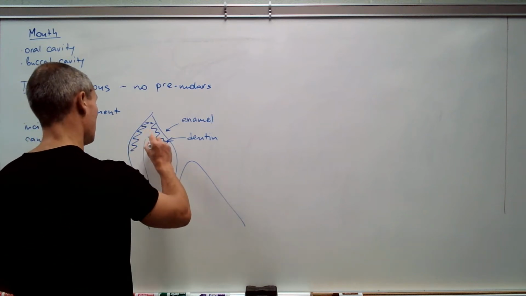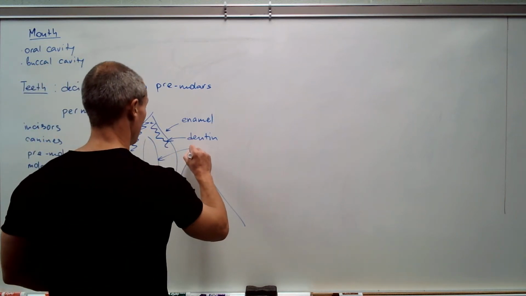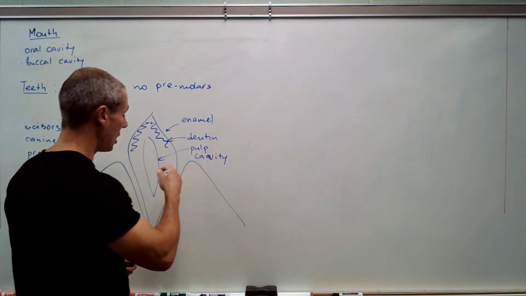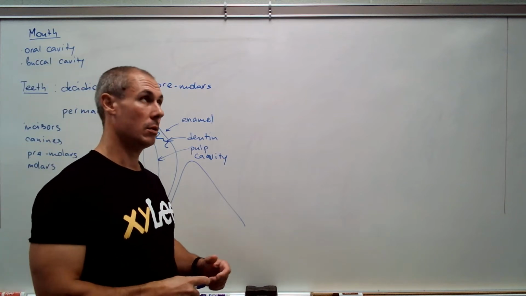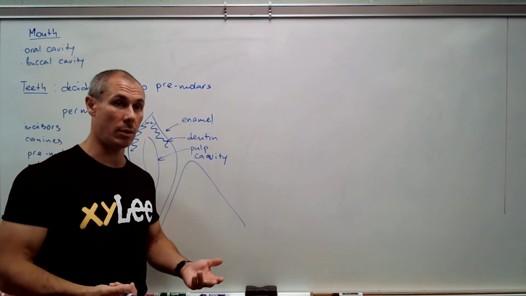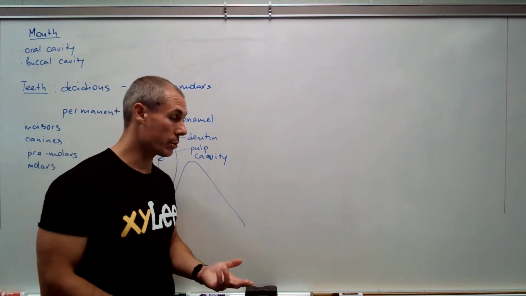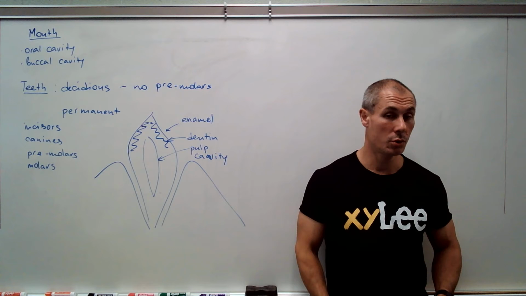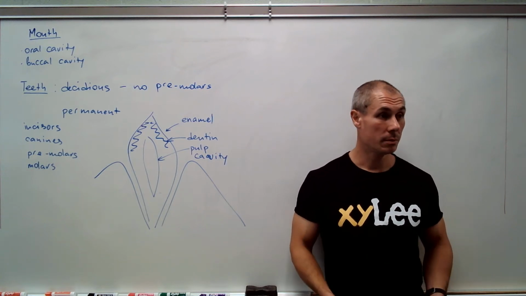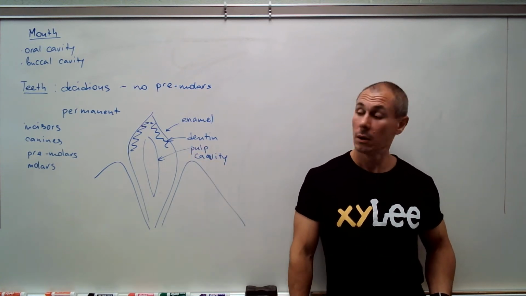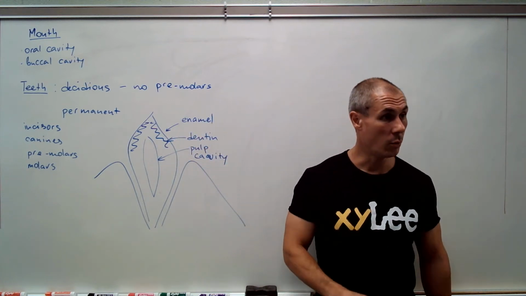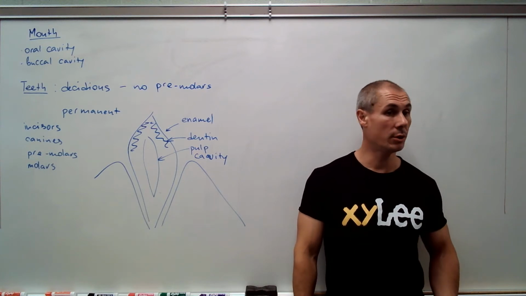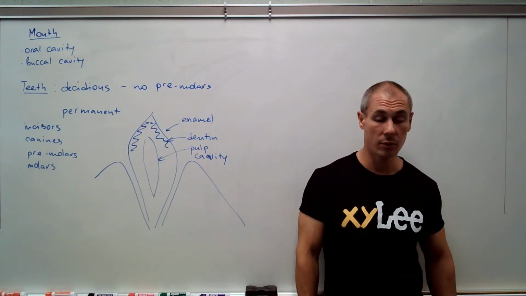And within the dentin you have a pulp cavity. And within the pulp cavity you have blood vessels and nerves. So when you have root canal surgery, basically pulpitis. Okay, so what happens? Bacteria chew through the enamel, dissolve the dentin, and then when your pulp cavity gets inflamed, the nerve feels that pain, and you have to get it cleaned.